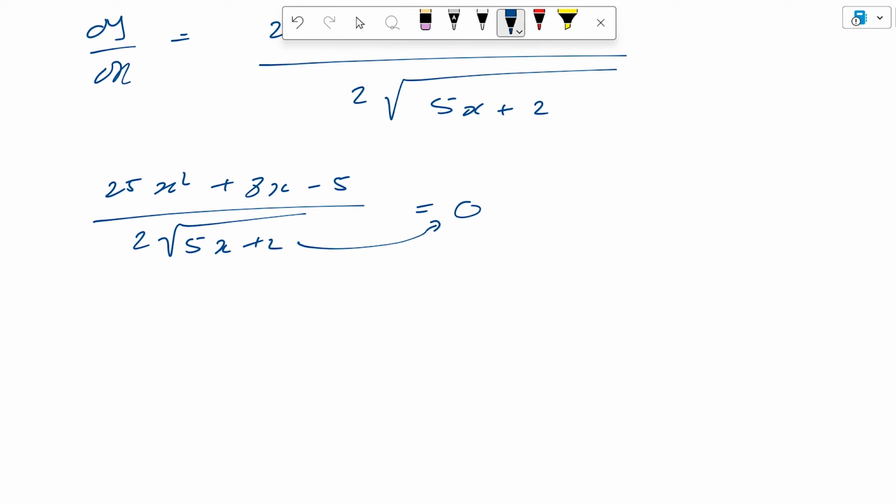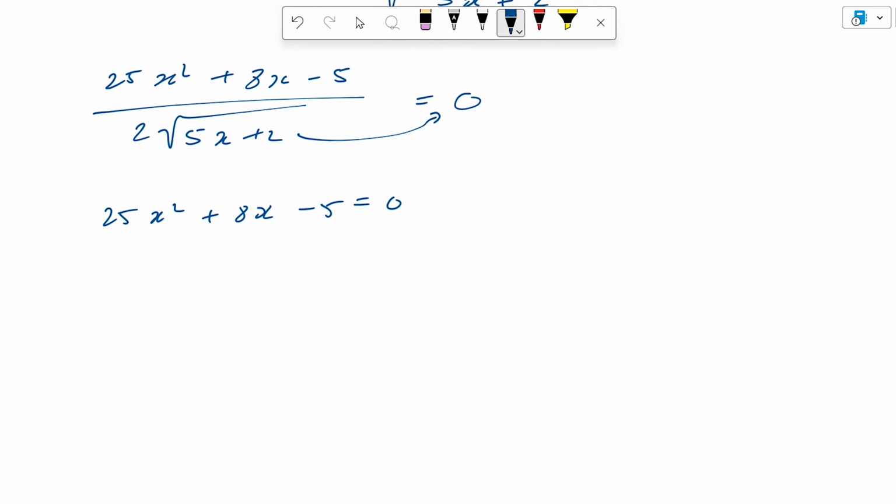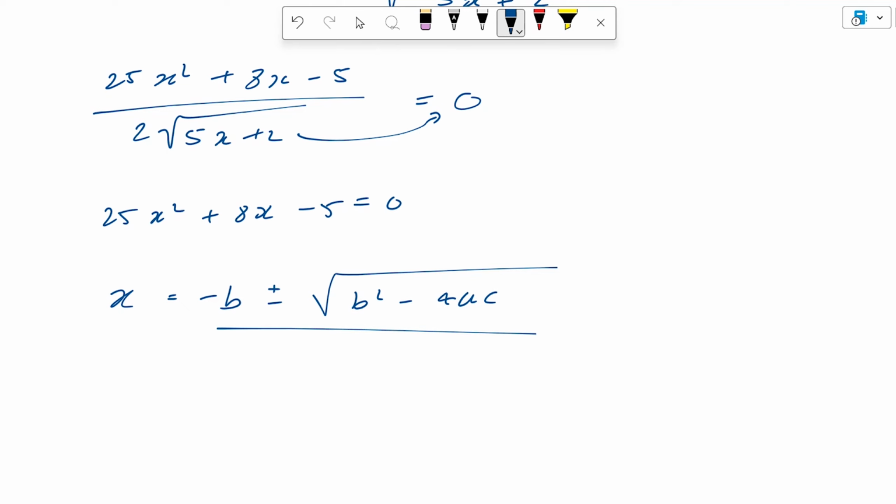Multiplying this denominator to 0 is going to give us 25x squared plus 8x minus 5 is equal to 0, which is a quadratic equation that we can solve using the equation x is equal to minus b plus minus square root of b squared minus 4ac over 2a.